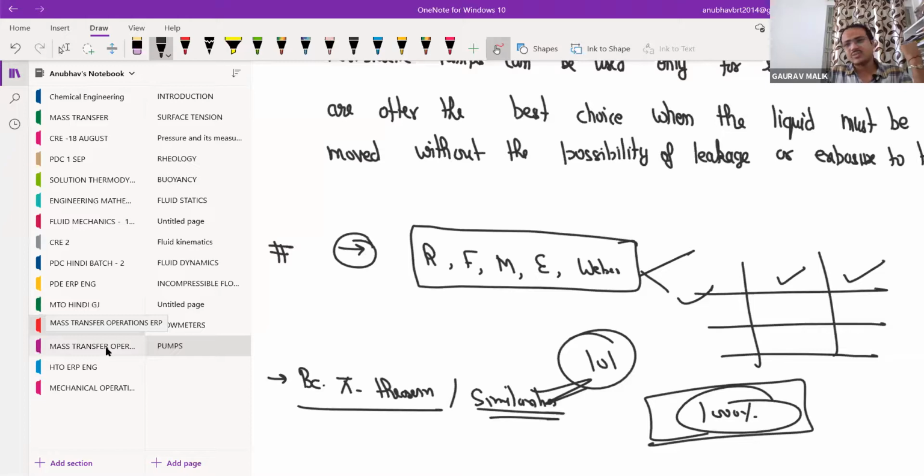Mass transfer operation is going on in one more batch, only 20-hour classes there, and nearly 50 more hours we need to go. Then heat transfer is going on, nearly 30 to 40%, and mechanical operation is started in one more batch.